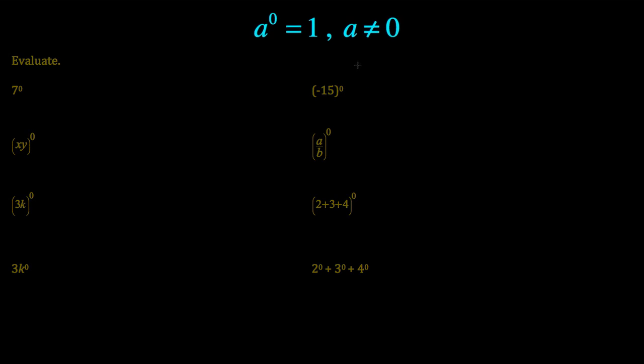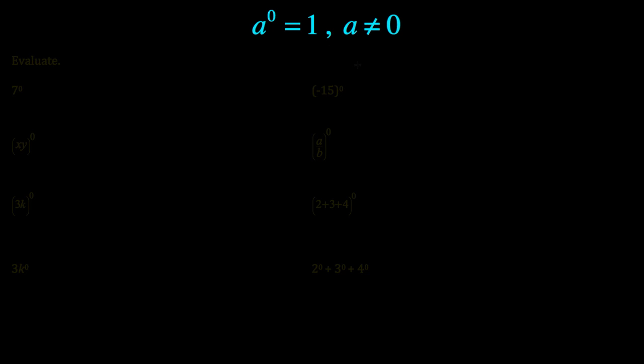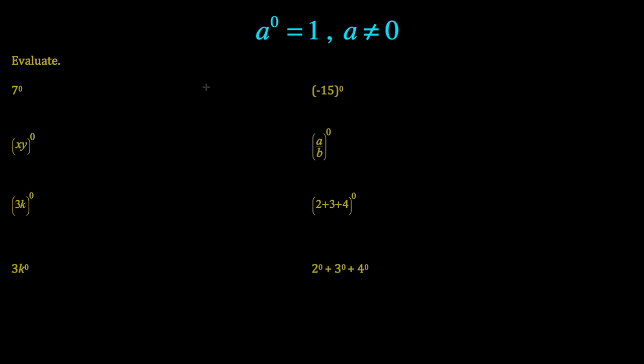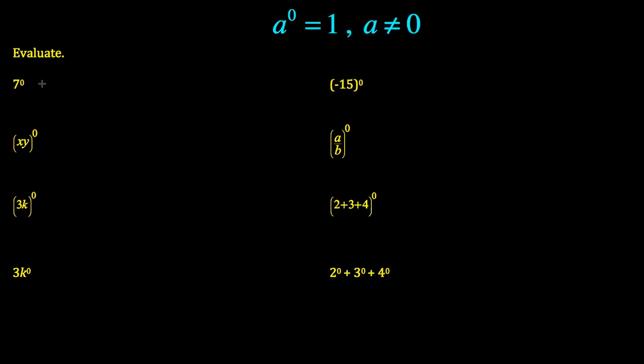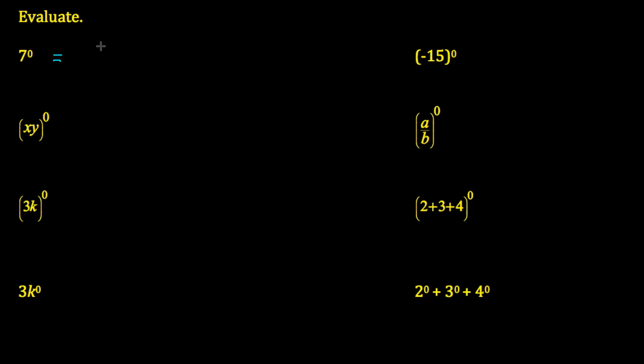Okay, knowing that a to the exponent 0 equals 1 at all times, provided a itself is not equal to 0, these questions become really easy to do. 7 to the exponent 0, 1. Negative 15 to the exponent 0, 1. Okay. xy to the exponent 0.